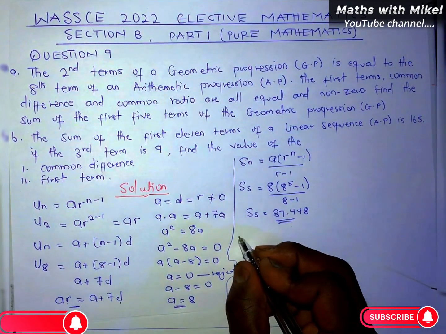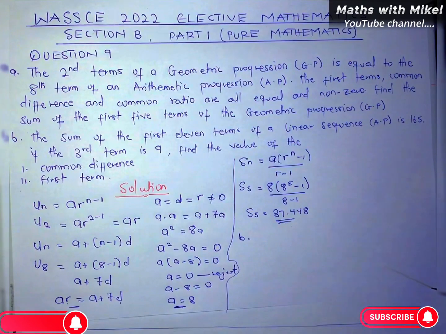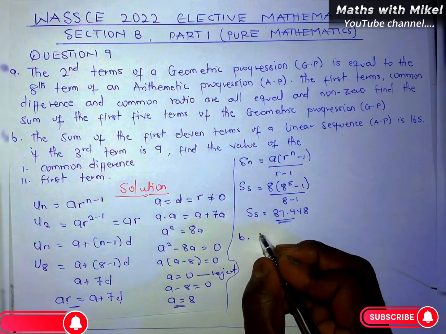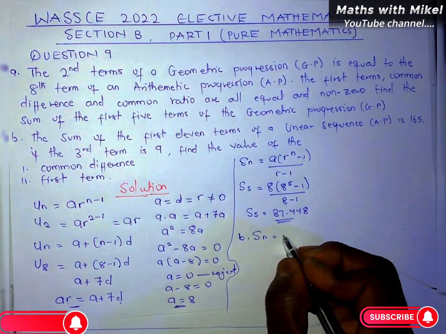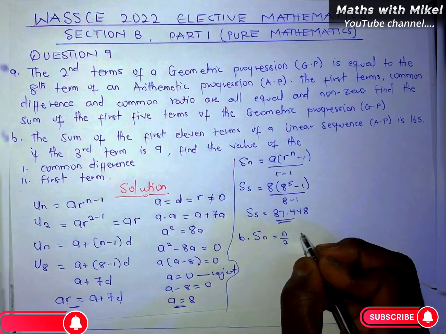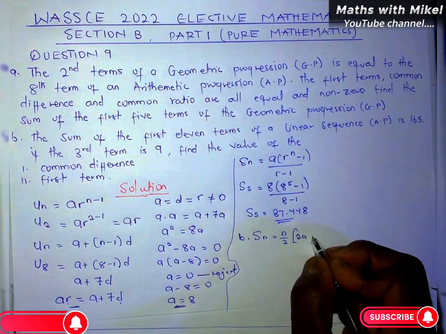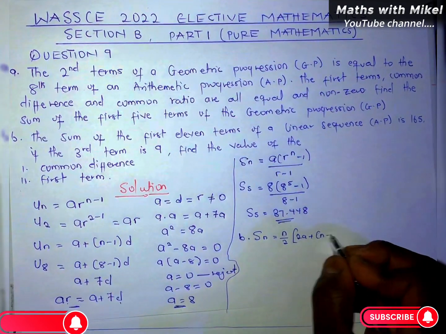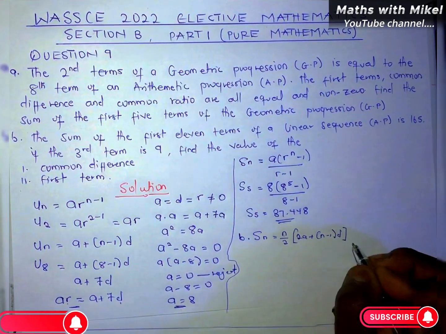Now the B part says that the sum of the first 11 terms of a linear sequence, AP, is 165. The sum, so we know Sn to be equal to n over 2 into bracket 2a plus n minus 1 d.